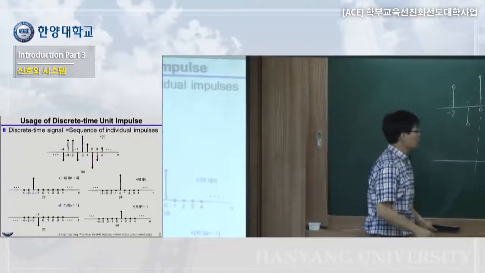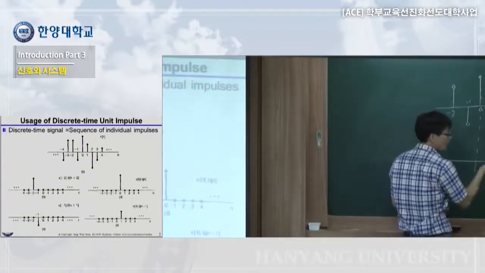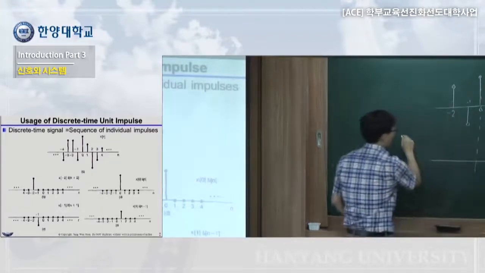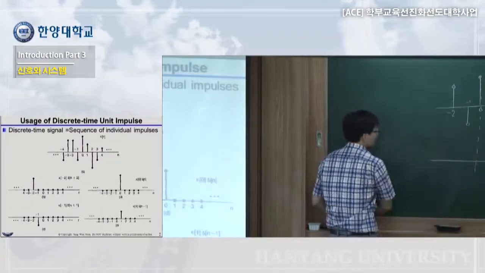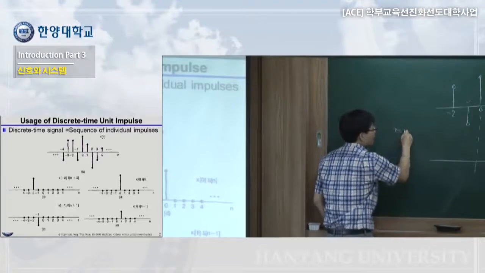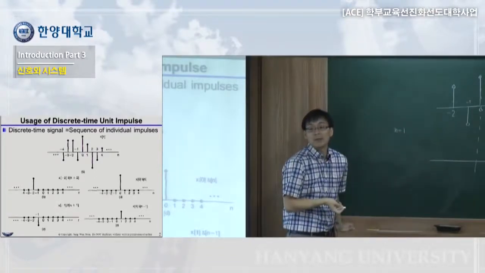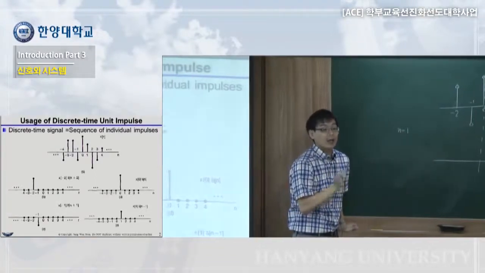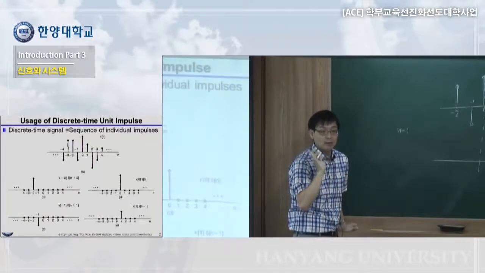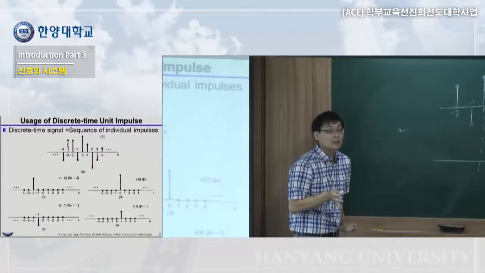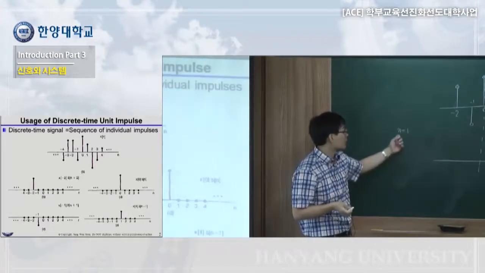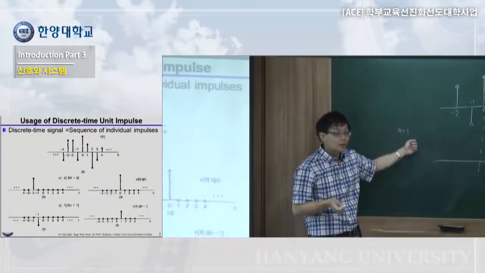It is hard to think about initially, but let's think about it one by one. Let's say we have n equals 1. That means our current n is the time domain value, corresponding to t in continuous time, right? So assume that we have a time at 1.